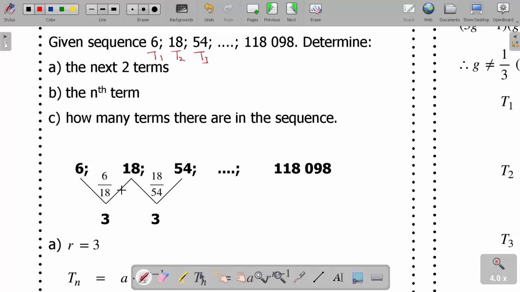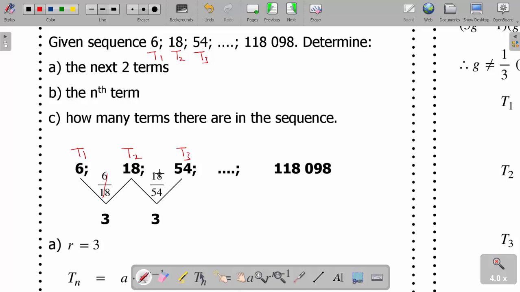If I say T2 divided by T1, I get 18 divided by 6, which gives me 3.